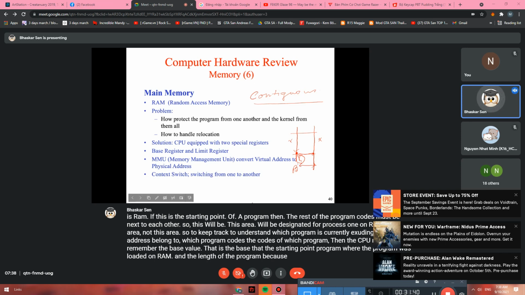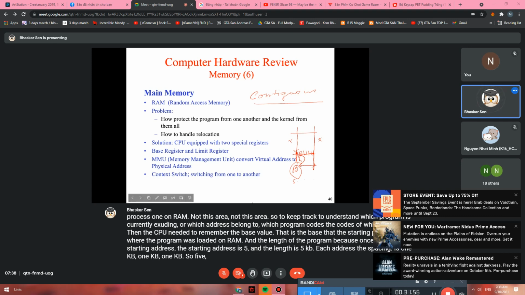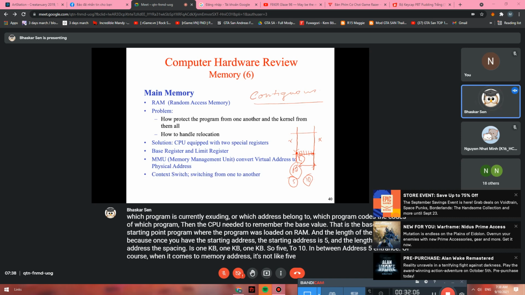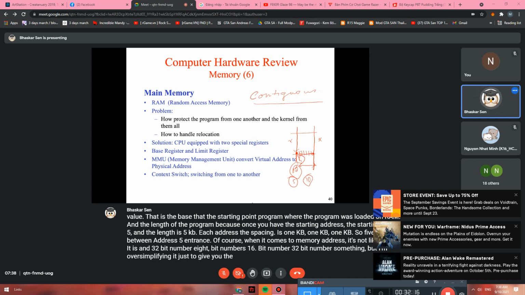Because once you have the starting address, say the starting address is 5, and the length is 5 KB, and the spacing is 1 KB, 1 KB, 1 KB, so 5 to 10. Of course, when it comes to memory addresses, it's not like 5 or 10. It is a 8-bit, 16-bit, 32-bit number, something. But I'm oversimplifying it just to give you the idea of what is base register.